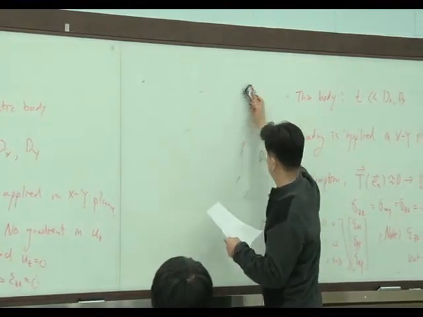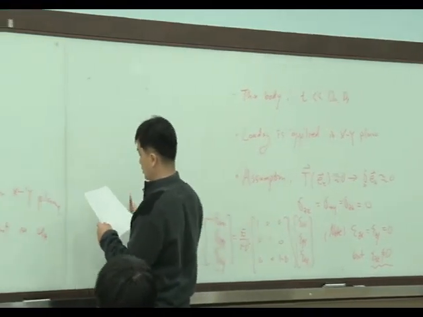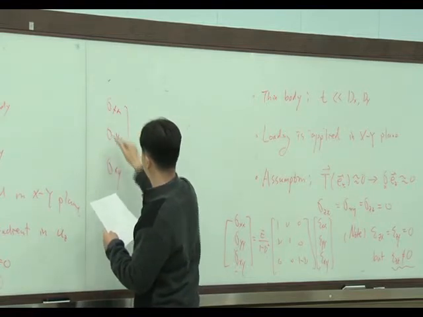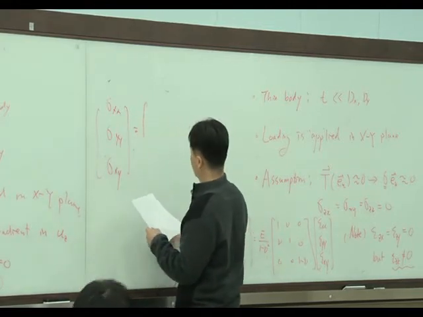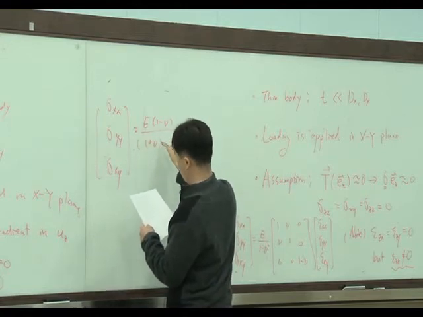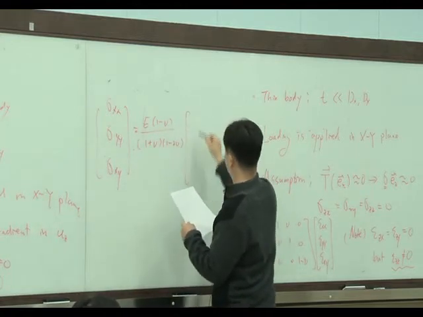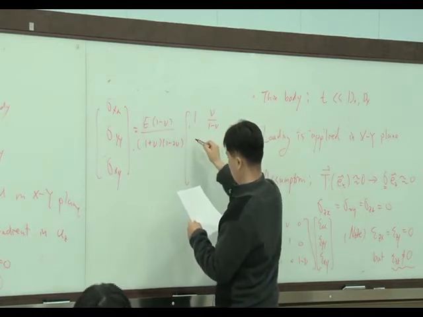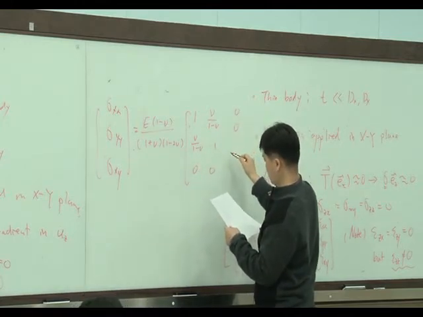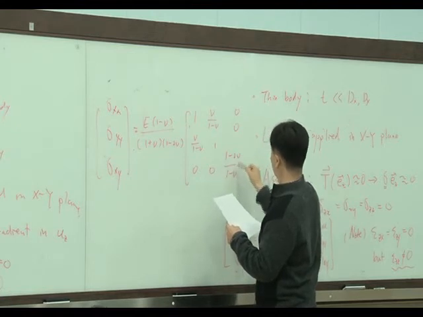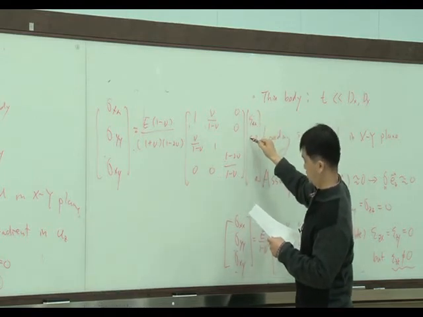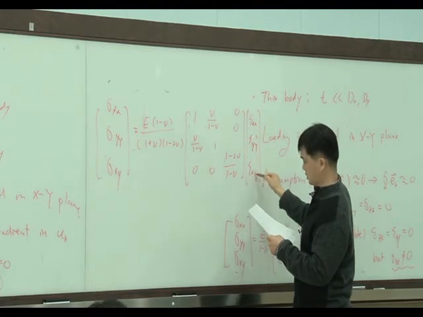In this case, we also use a different material law for xx, yy, xy, with E over (1 plus nu)(1 minus 2 nu) and so on, and here we need 3 strains: strain xx, strain yy, strain xy.